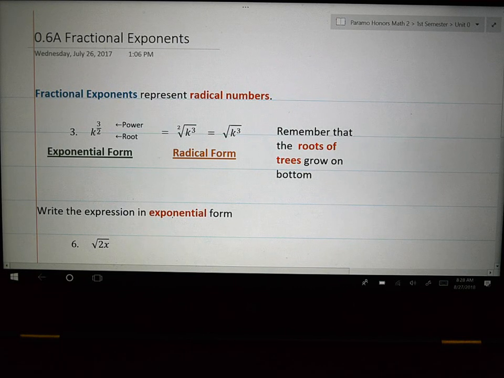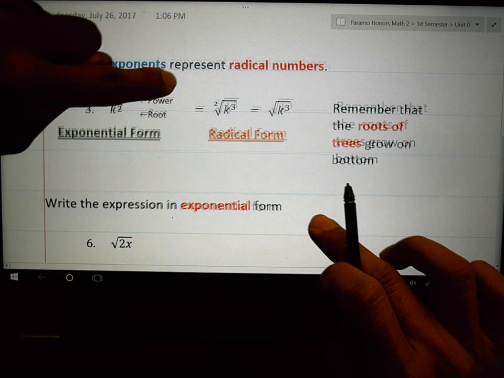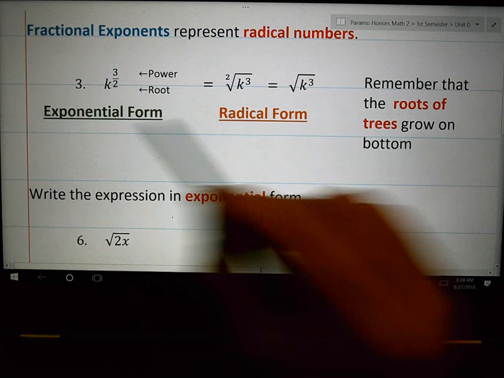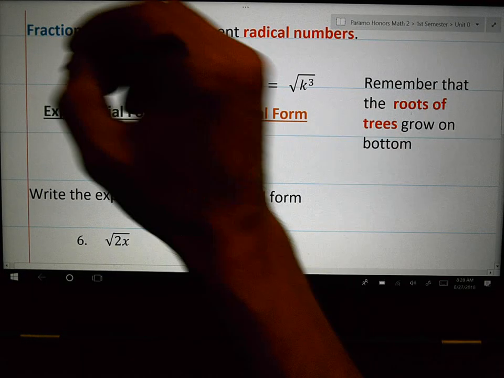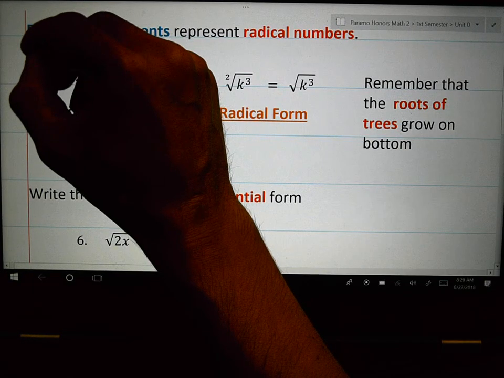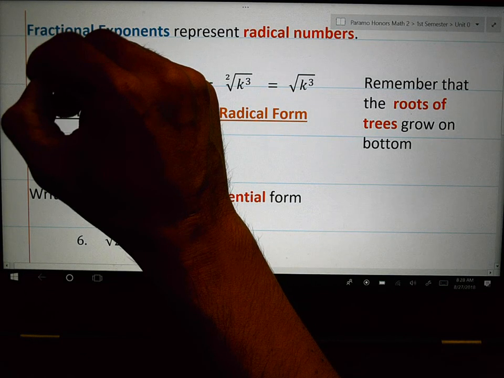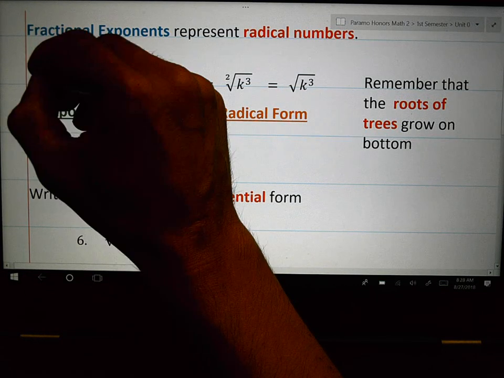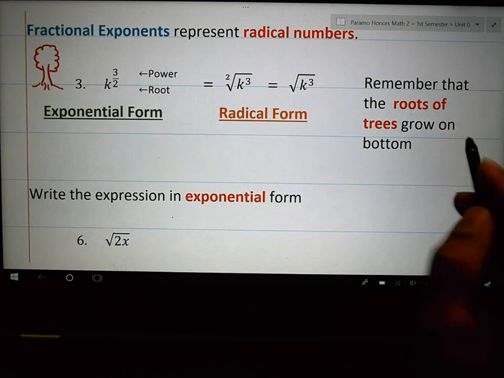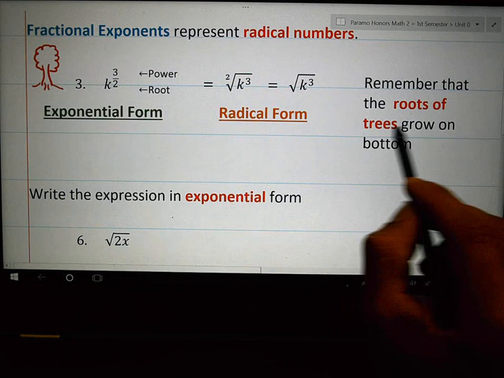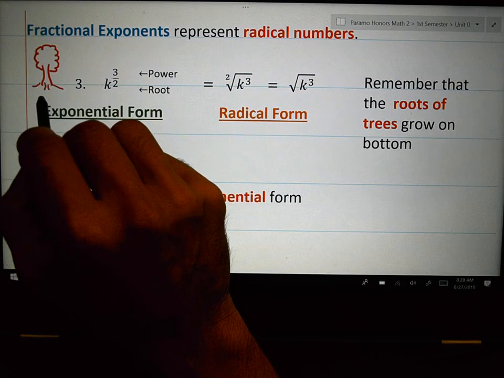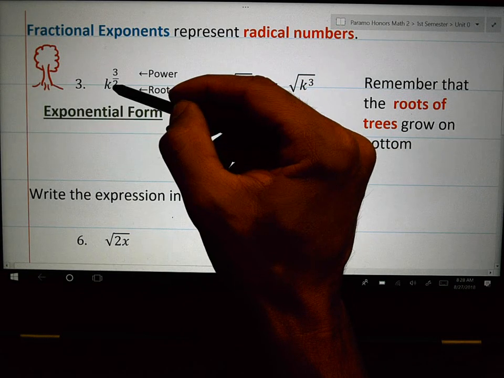The way that I remember which piece is which is I remember trees. Let me draw my tree. Yay! I don't know why I draw trees like this, but I do. I think of a tree that's growing, and I always think about the roots of trees growing down, and this is your root.